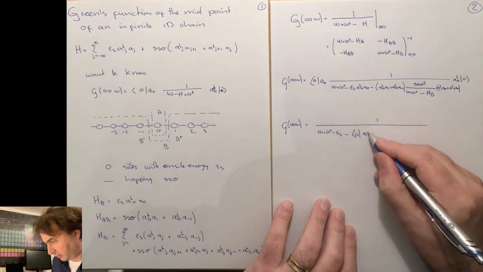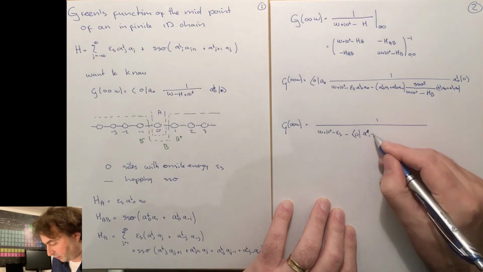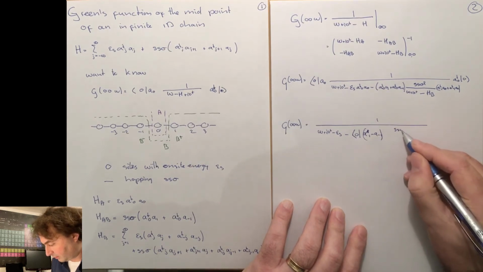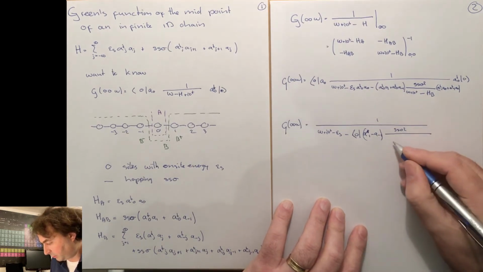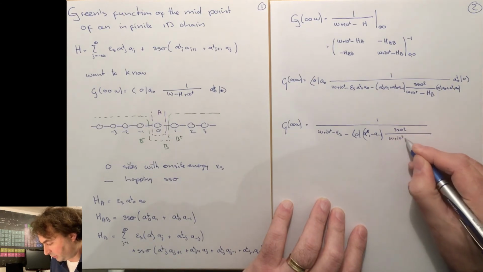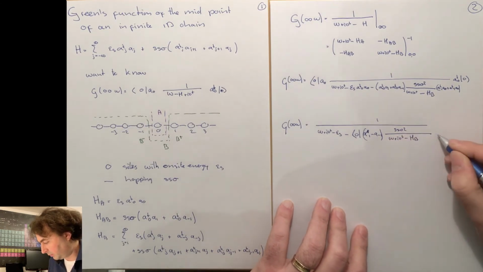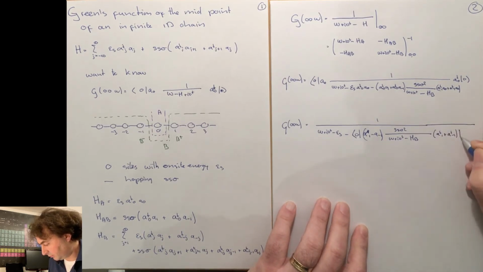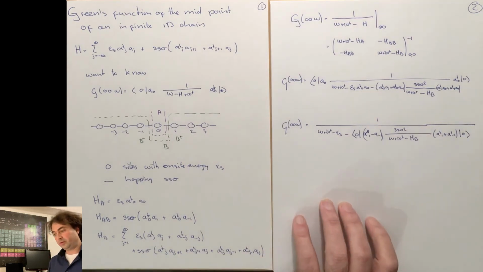So we have here A 1 plus A minus 1, V ss sigma squared divided by omega plus i0 plus minus H B, A dagger 1 plus A dagger minus 1 to the vacuum.